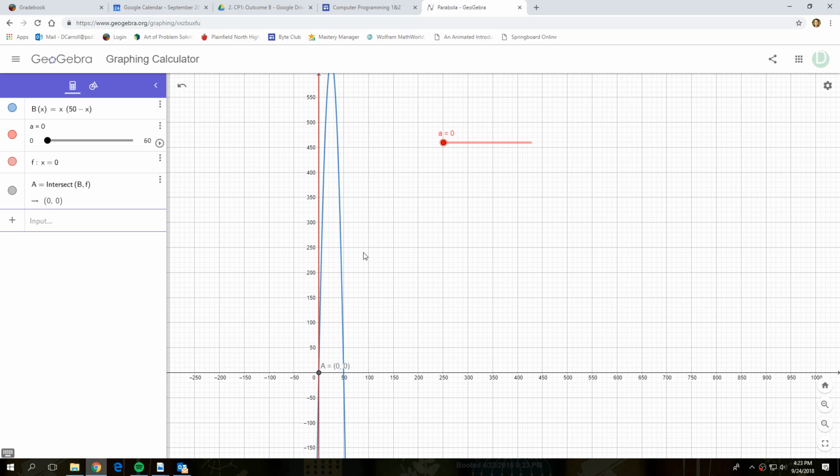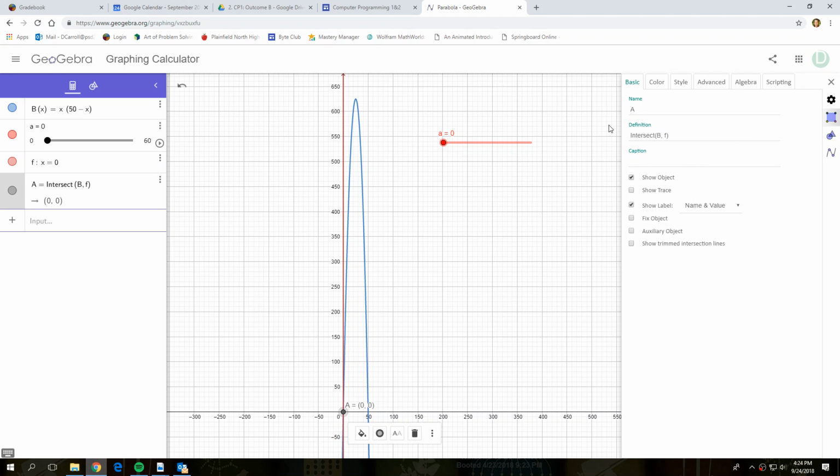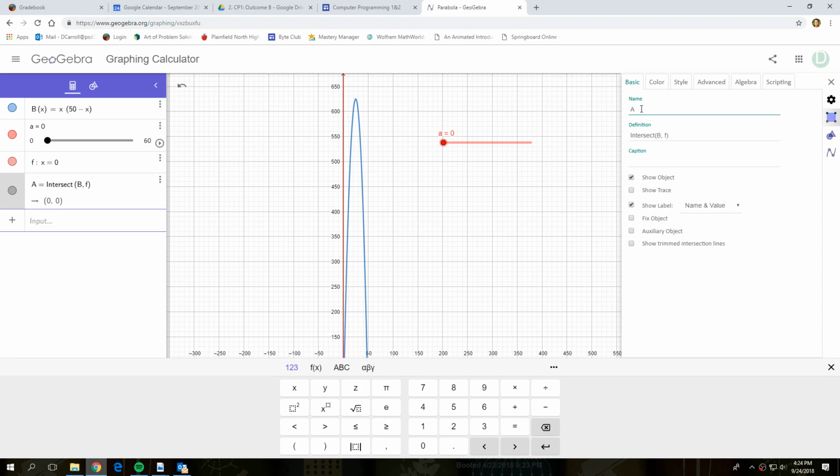One thing I want you to notice is that I put a slider in here, which basically shows us what A is. That's probably a bad name for that. Let me see if I can change the name of this real quick. Can I say intersect?